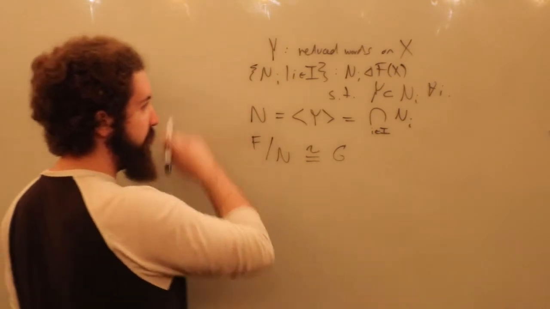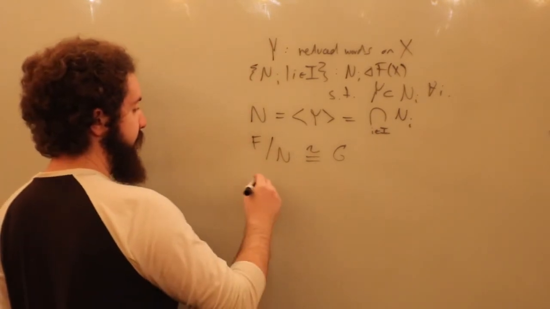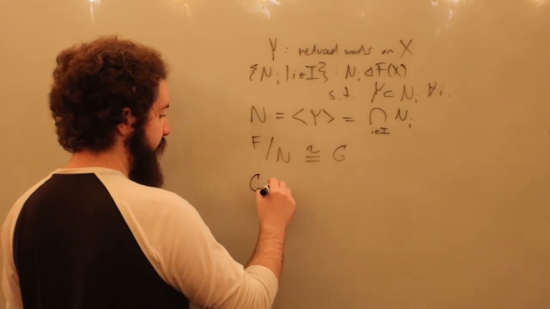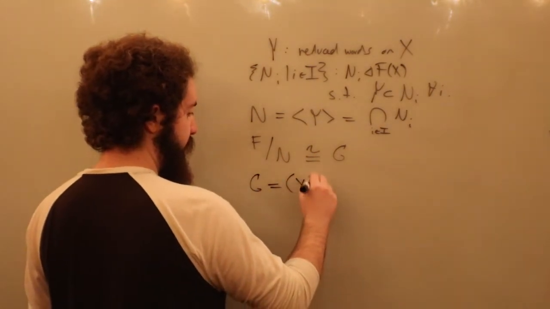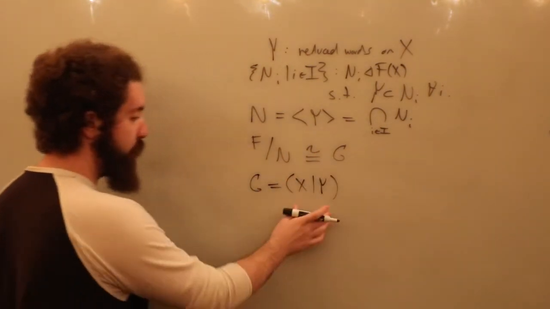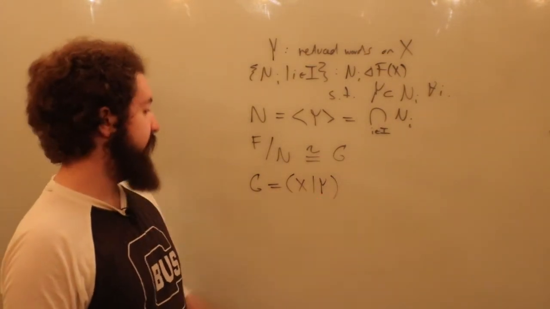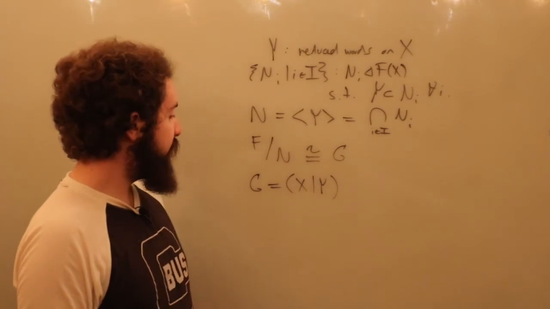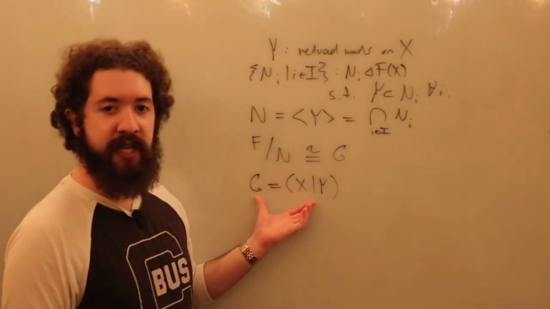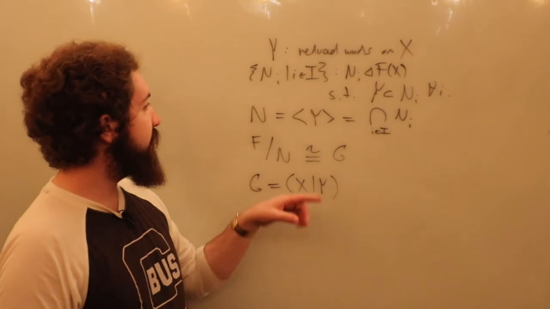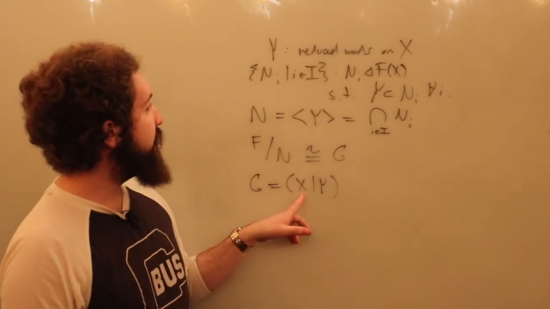We've chosen the right reduced words, in a sense, and we'll call X and Y a presentation of the group G, and we're going to write it like this with a line down the middle. So a presentation of the group G in terms of generators X and relations Y.